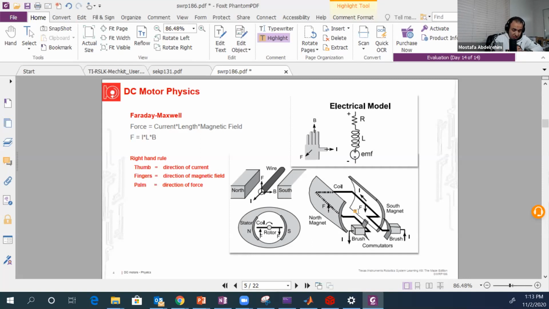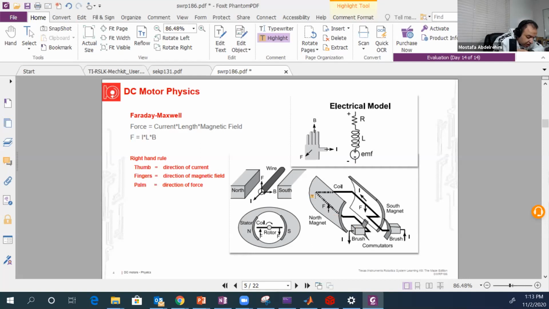The force is something that affects the wire, so this part will go down in the direction of the force.